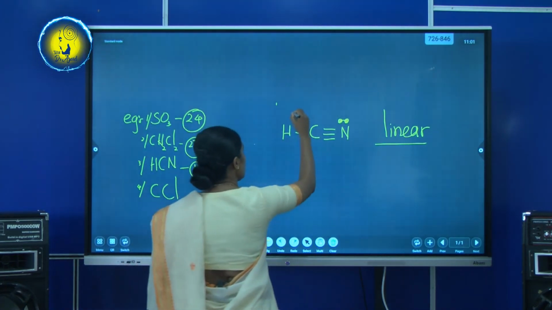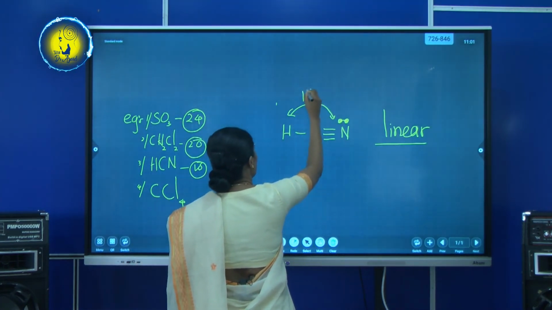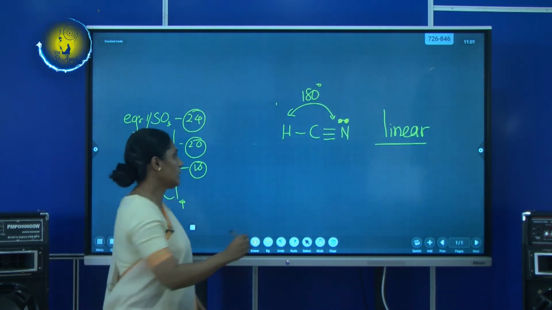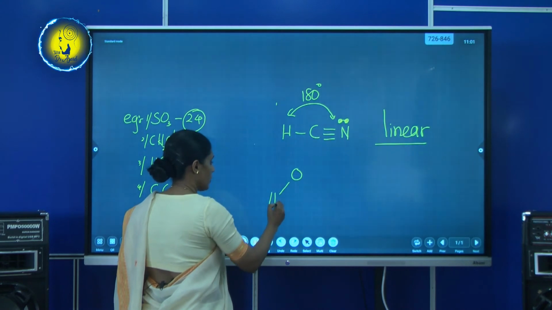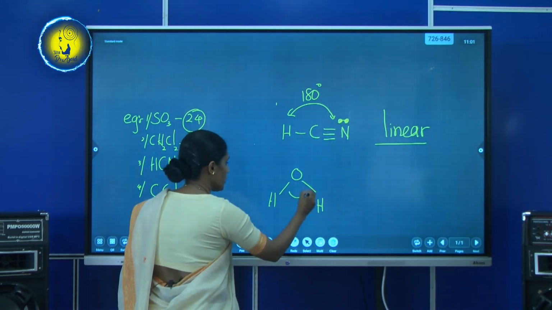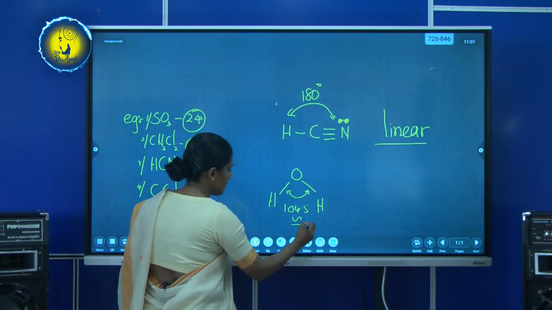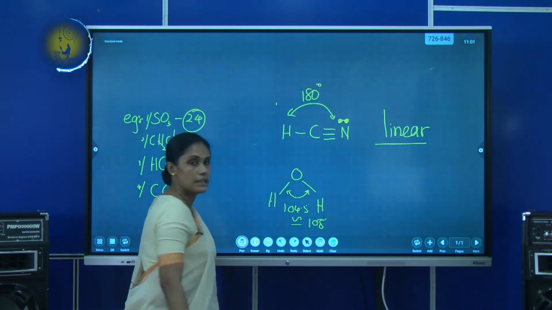So in between these bonding, 180 degrees are there. You know the bonding in between oxygen and hydrogen in water. The bond angle is 104.5 or simply we say 105 degrees.